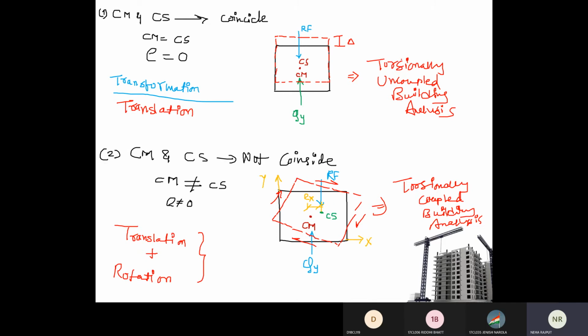Now before doing this torsionally coupled and uncoupled analysis, the very first thing we need to know is how to find center of stiffness. Short form is CS. How to find center of stiffness? As I explained earlier, the center of stiffness will be offered by the vertical resisting element, right?